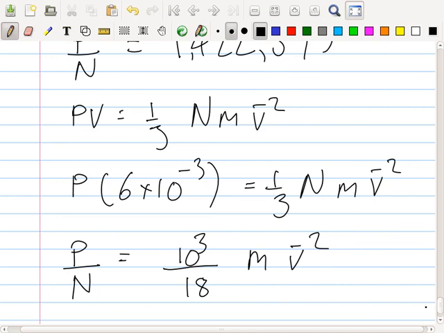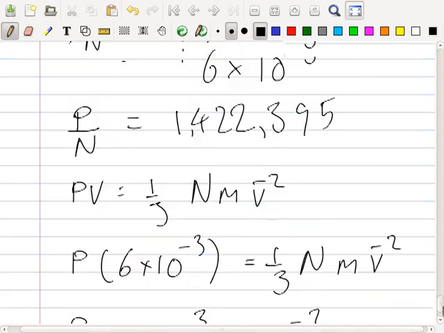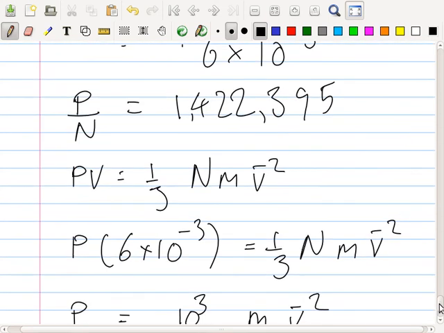I think it's 2000 now. We'll just stick with 1000 now, okay? 1000's fine. So we have P over N equals this, and P over N equals this.